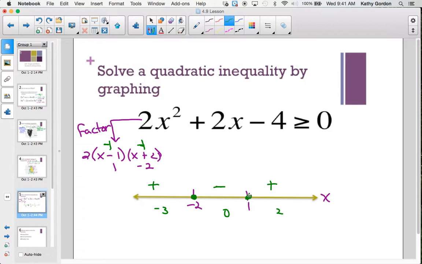Build in dots, include those points. Beautiful. And then, do I want the pluses or the minuses? The pluses, because I want answers that are bigger than 0. That means I want this section, and I want this section, because that's where the pluses came up. Plus, plus.